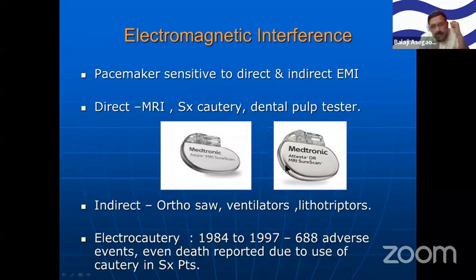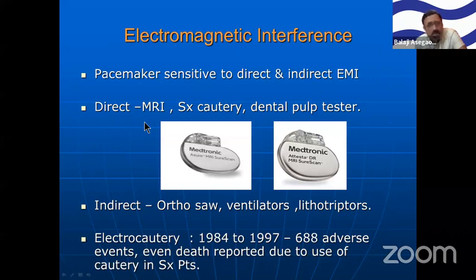Now, this is a very important aspect of my talk, that is, the pacemaker is very sensitive to direct or indirect electromagnetic interference. For example, can a pacemaker patient go for an MRI? If the pacemaker is not MRI resistant or safe, the patient cannot go for MRI.